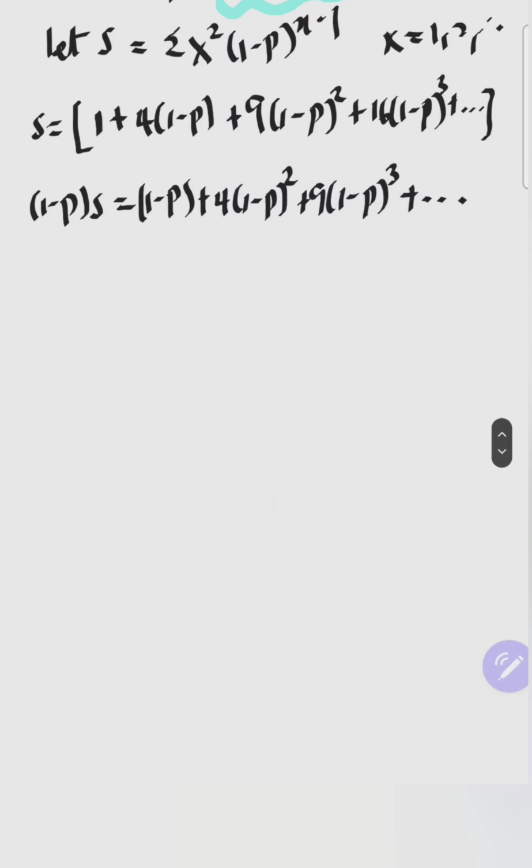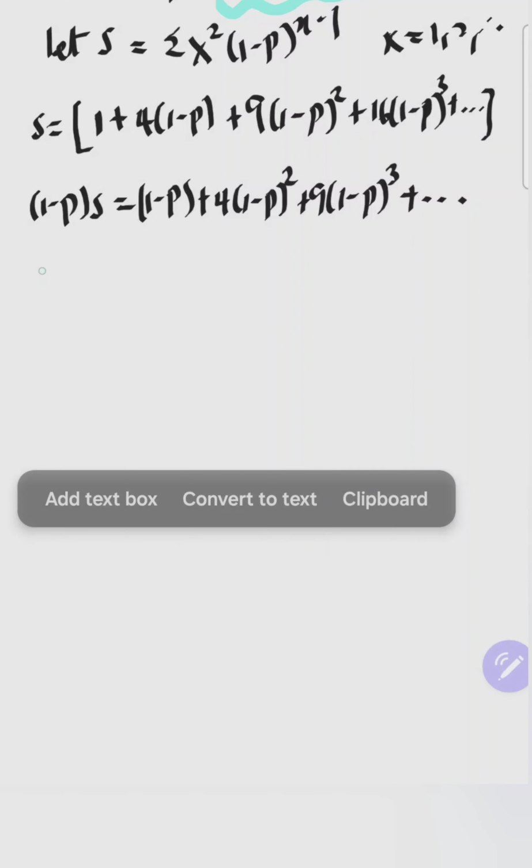Now the same approach, which is equation 1 minus equation 2. Then we have s minus (1 minus p)s. If you do this, you're going to have 1 plus 3(1 minus p), plus 5(1 minus p) squared.